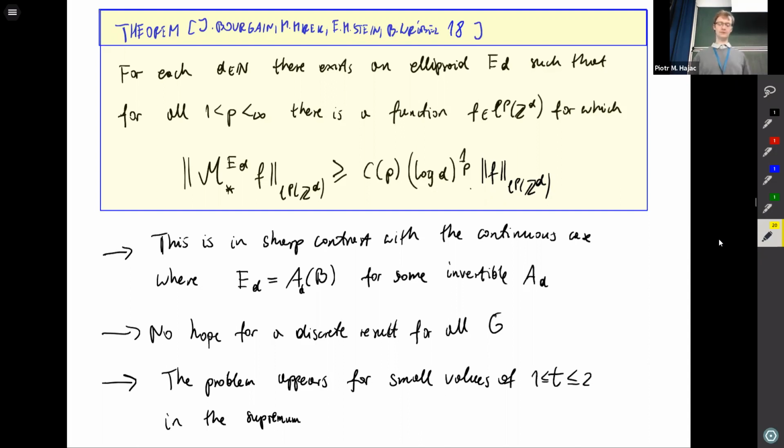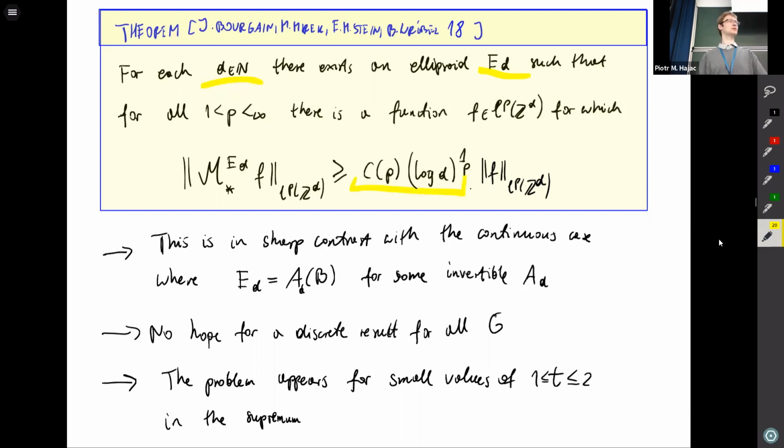But in the discrete setup, there is a counterexample by Bourgain, Mirek, Stein, and myself from 3 years ago. Let me read it out loud and then explain what it means. For each dimension, there exists a symmetric convex set, actually an ellipsoid, such that for some function, the constant is C of p times log d to the 1 over p.